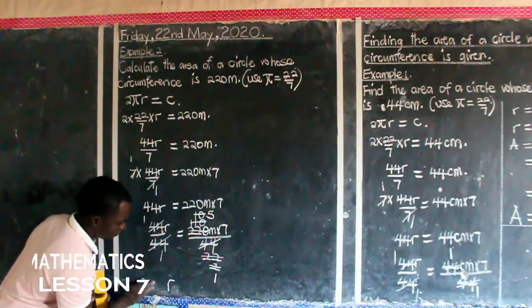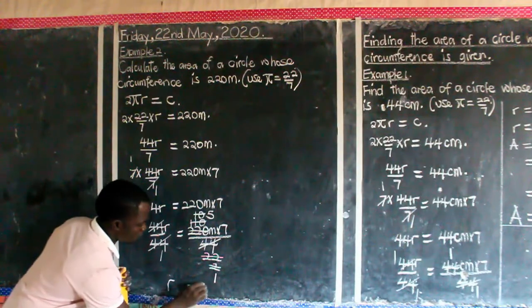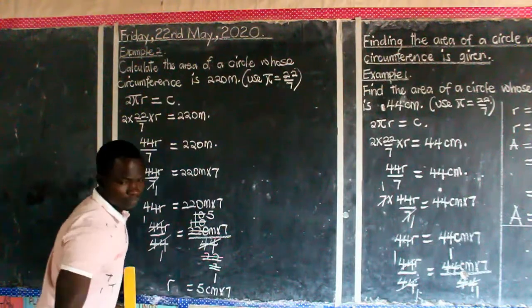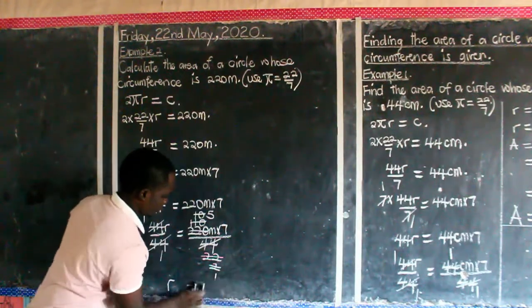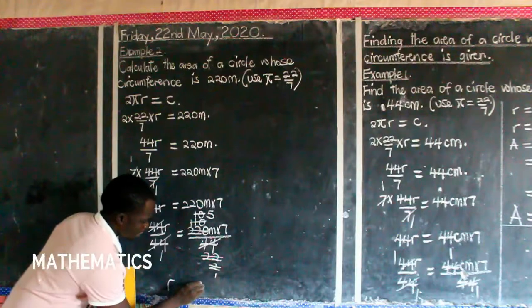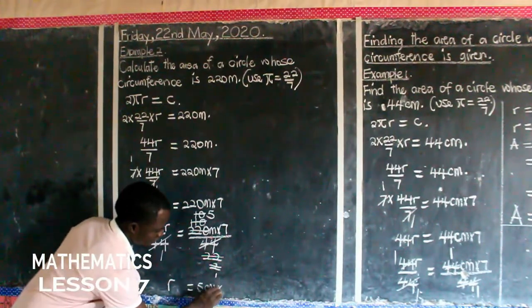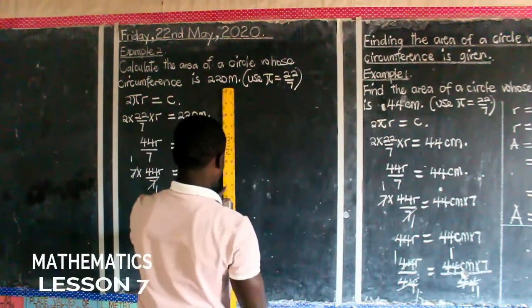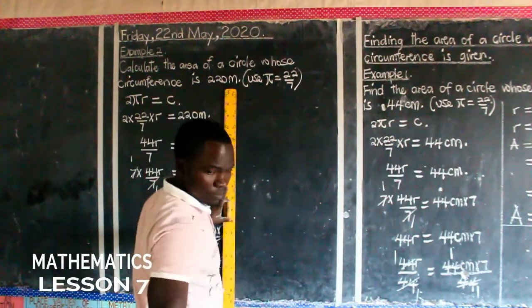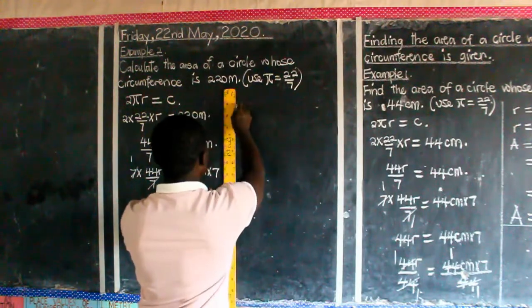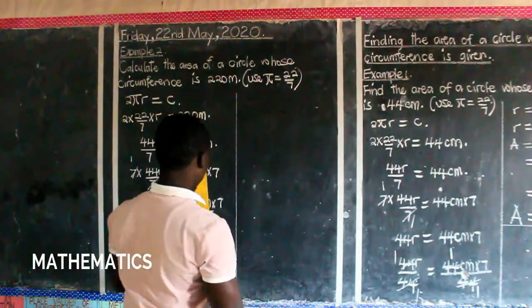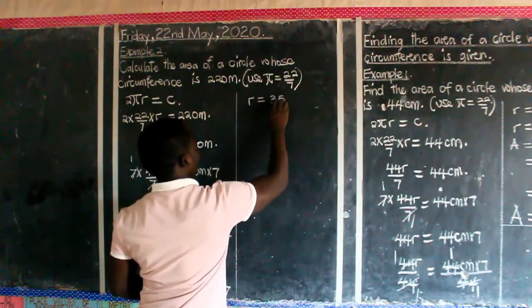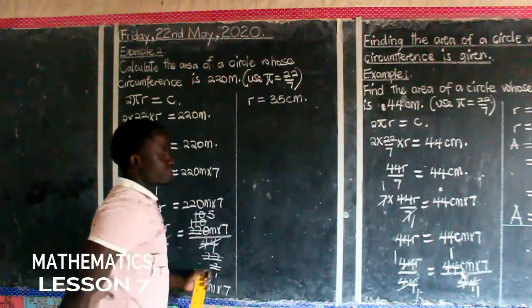So, the radius equals 5 centimeters times 7. When you multiply 5 times 7, our radius will be 35 centimeters.